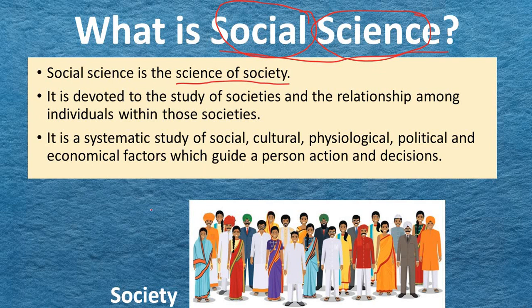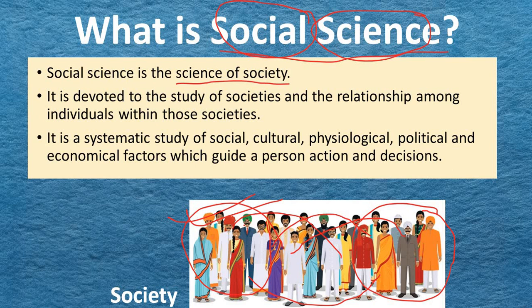Say for example, here I am showing you a very simple example of a society. So what's the relationship between this person and this person, this person and this person? What is the interrelationship between them? Maybe there is a group over there, they are part of a family and they are also part of yet another family. So what's the interrelationship between these two families and so on? Now, when we will be doing this study, it has to be a scientific study, not just any random study.